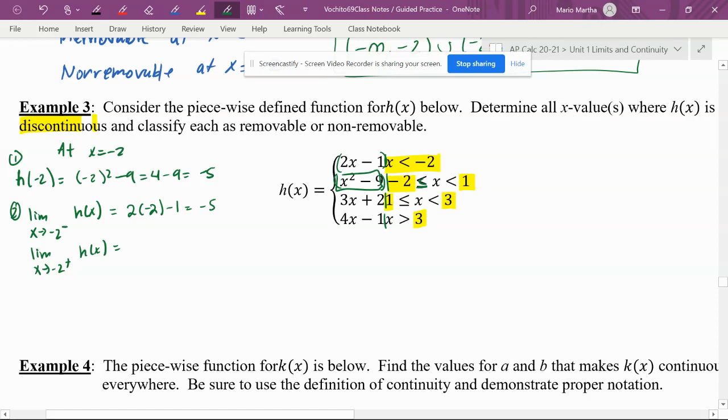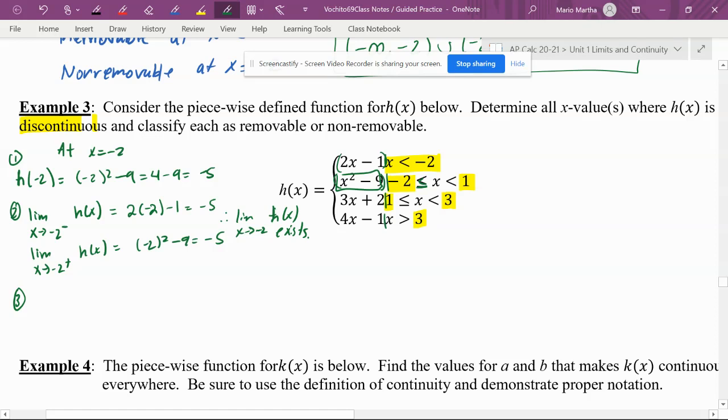Now we're looking at the bottom function, x squared minus 9. Plug in -2 again and we get 4 minus 9, and that's also equal to -5. And then the third condition: therefore, the limit as x approaches -2 of h of x exists.